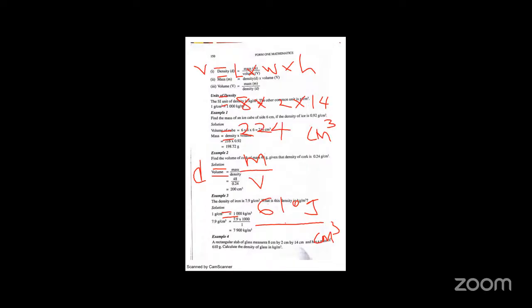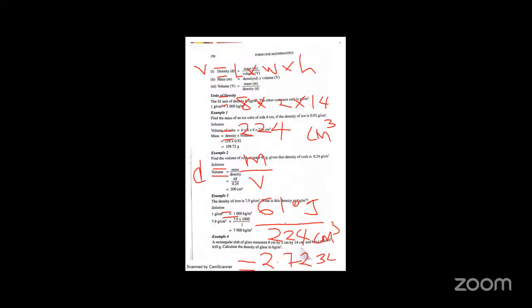Then when we divide the 610 by 224, what did you get? 2.7232.